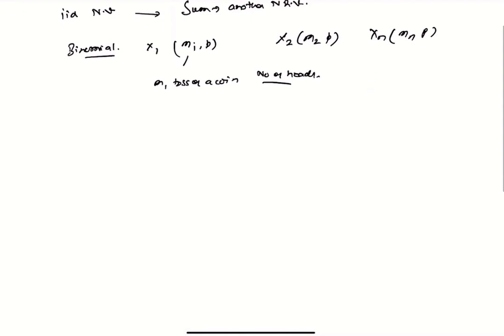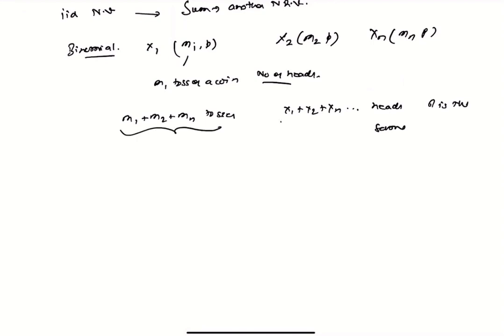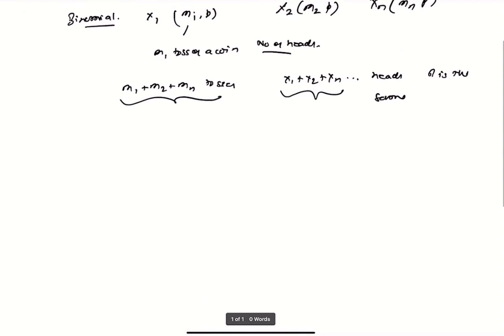So now in total what you really have is an m1 plus m2 plus mn number of tosses, and x1 plus x2 plus xn number of heads, and p is the same. So effectively we have tossed the coins that many number of times and obtained that many number of heads.